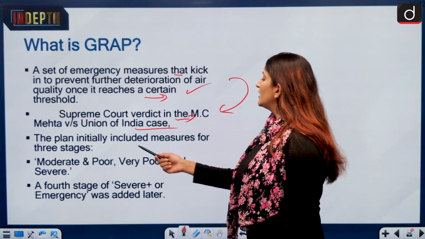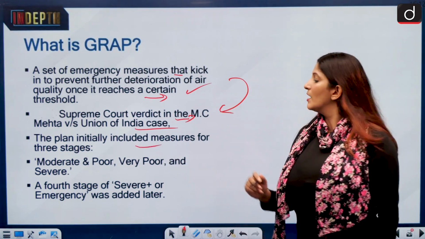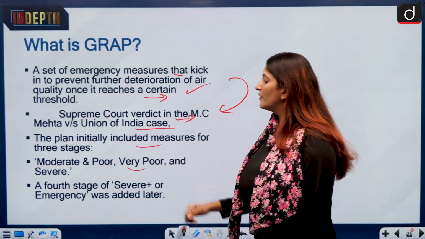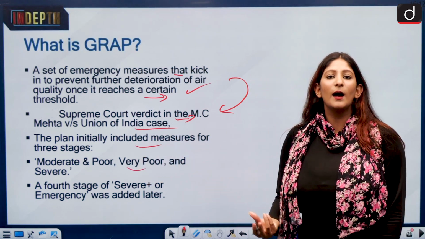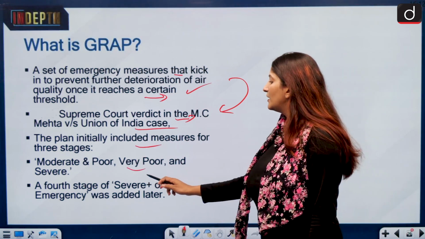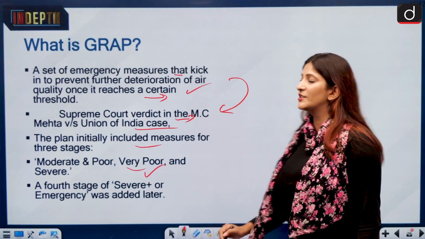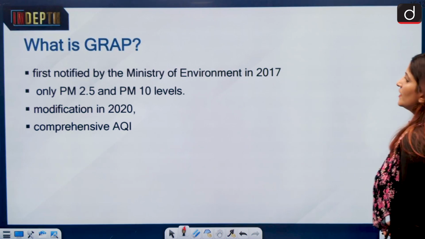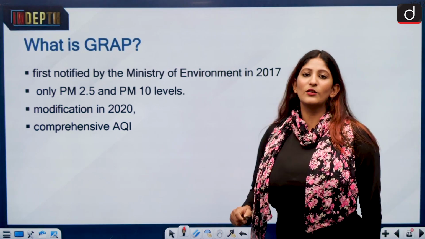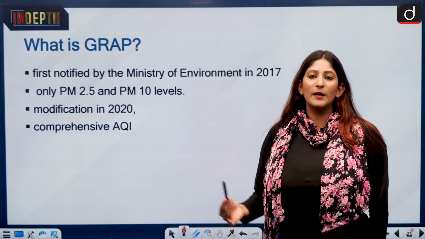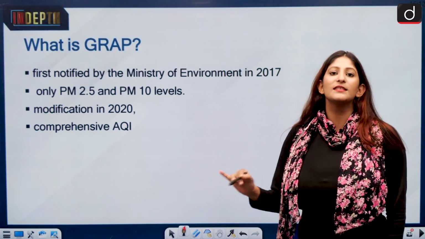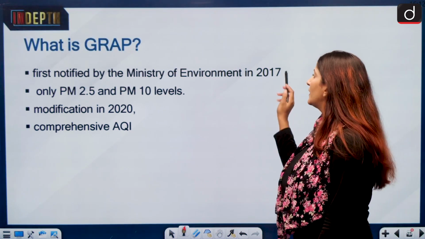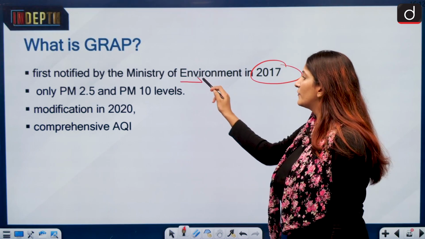The plan initially included measures for 3 stages: moderate and poor, very poor, severe. But then a 4th category was added by the name of severe plus or emergency cases. Okay, and then it was first notified. If we talk about GRAP, it came into being in 2016 as a concept, but it was first notified in 2017 by the Ministry of Environment.